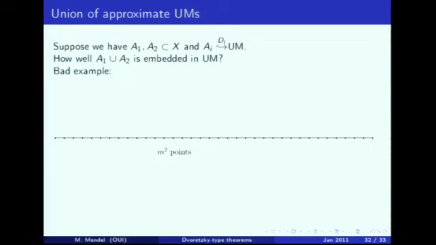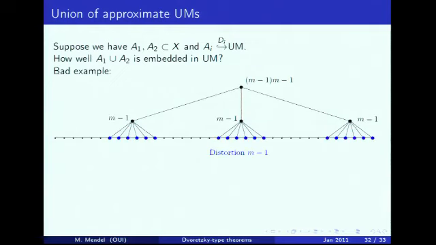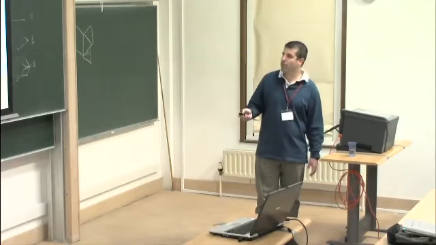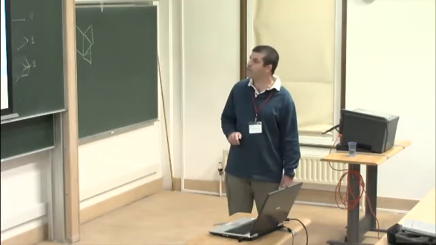So here's a bad example. Take again m squared points on the line. Take half of them in this way, the red points, which are m intervals, each of length m. It's easy to see that this subset of points can be embedded in ultrametric with distortion m/(m-1). The other half is, of course, isometric to this one, so you can also embed it in ultrametric with distortion m/(m-1).